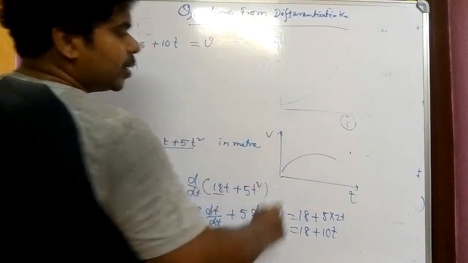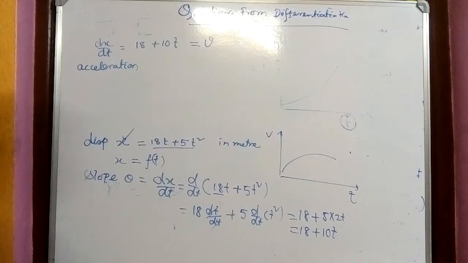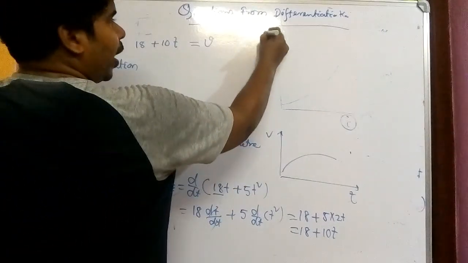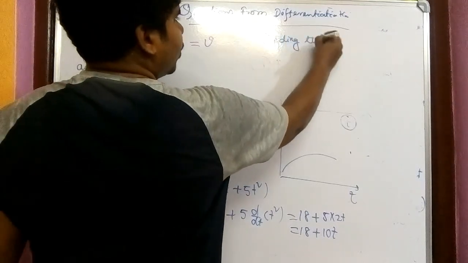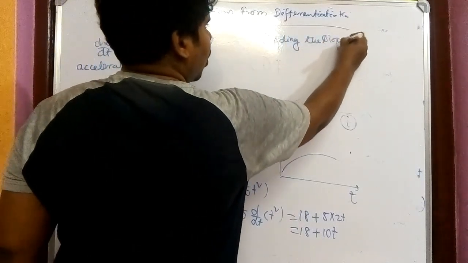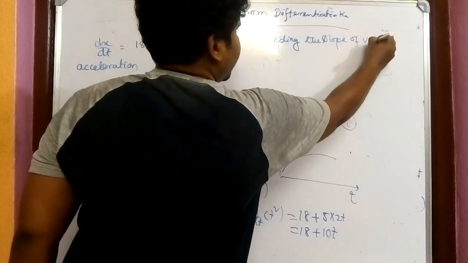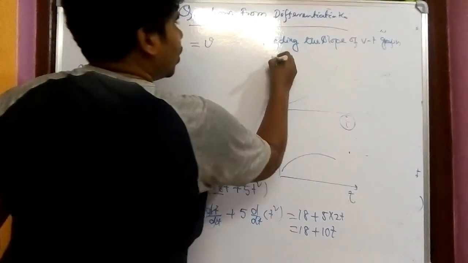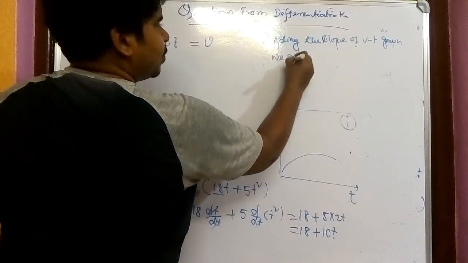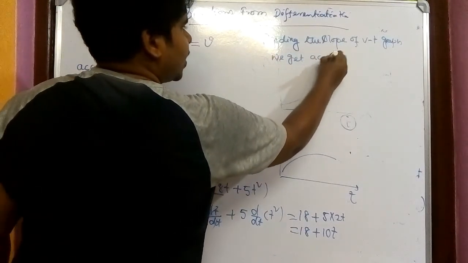If a velocity time graph is given to you, we know finding the slope of the velocity time graph, we get acceleration.